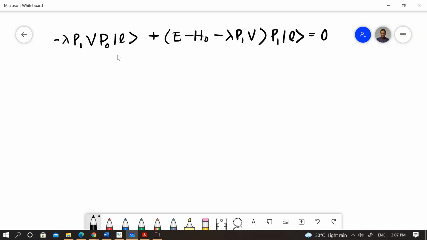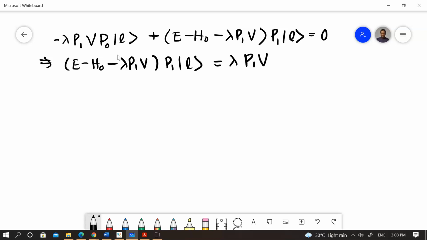Okay. So what we can actually do now is to rearrange this equation. I'll just do it step by step here. E minus H naught minus lambda P1 V P1 L equals lambda P1 V P naught L. And here one can think of bringing this whole operator to the other side.